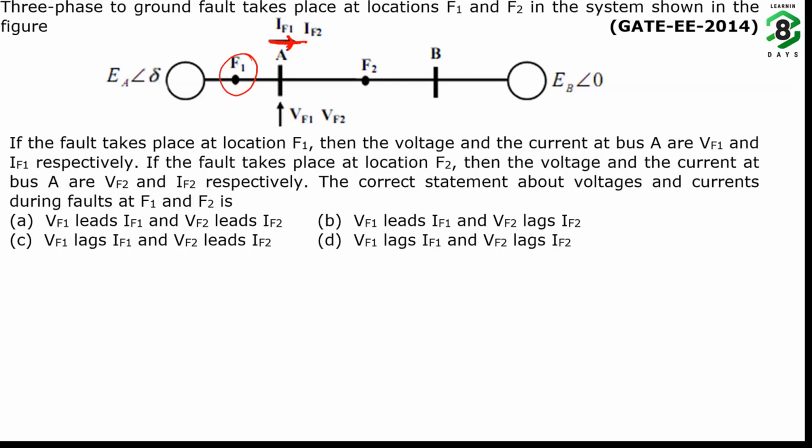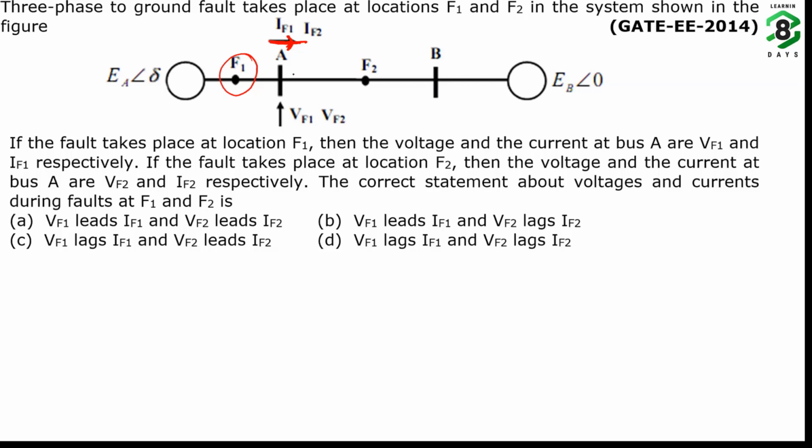For any current description, you should describe the magnitude as well as direction. Similarly, for any voltage description, you have to mention the magnitude as well as polarity. So he has clearly mentioned the direction of IF1 and IF2 in the arrow mark direction, and the magnitudes are IF1 and IF2.